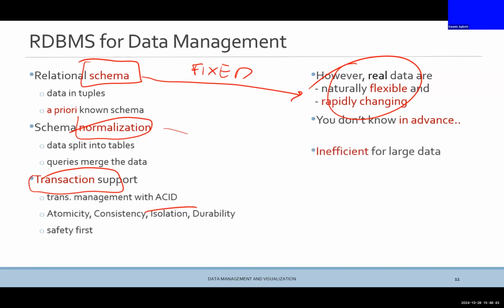Then, with these solutions, if you're normalizing, you're storing the name of a student only in the student table. But you are in a big data context, in a distributed system where you're serving millions of customers across the world. You have probably your database distributed in different places around the world.